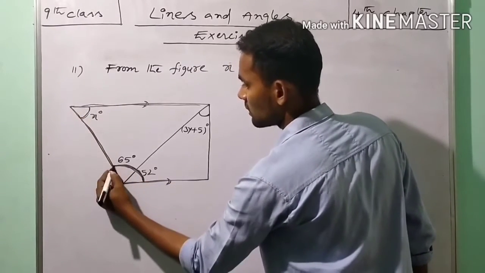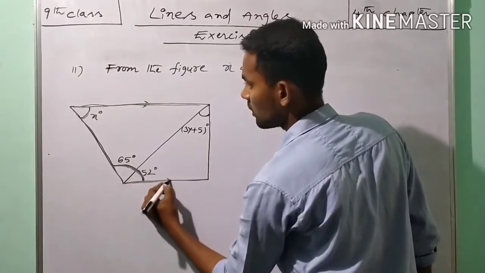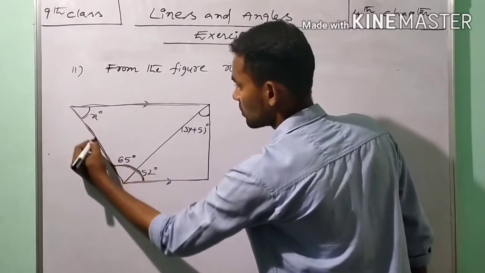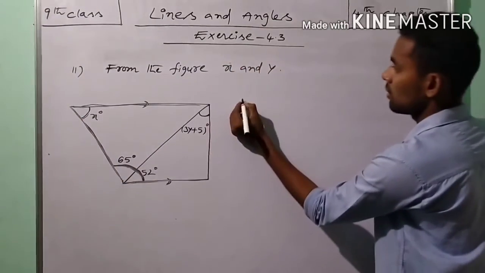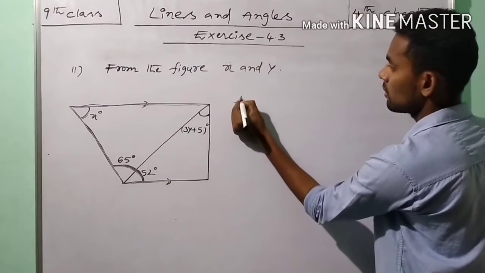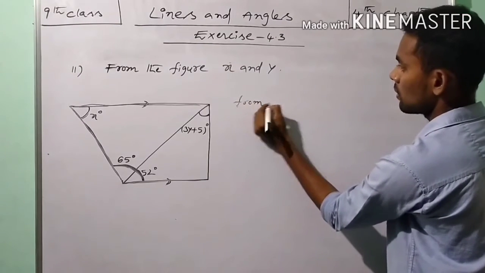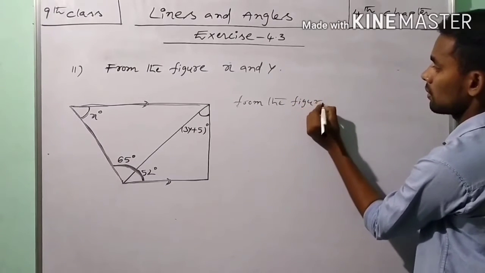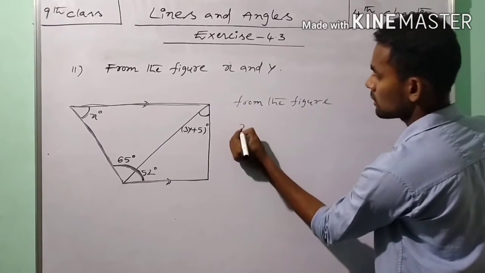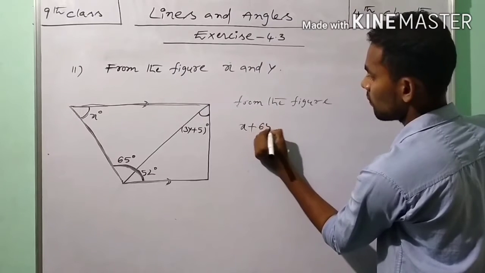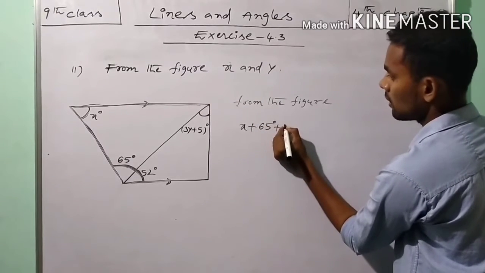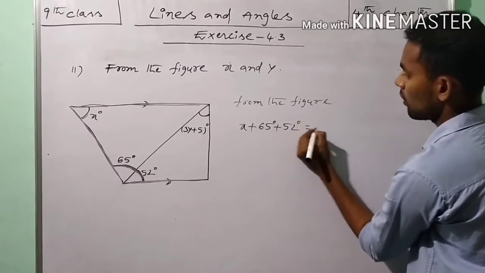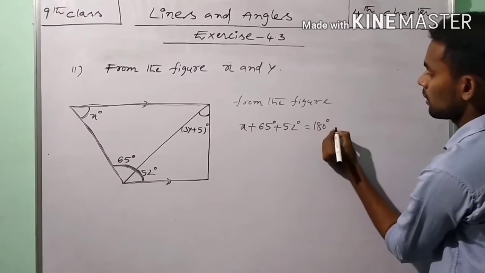Parallel lines, interior angles on the same side of a transversal. From the figure, x plus 65 plus 52 equals 180 degrees.